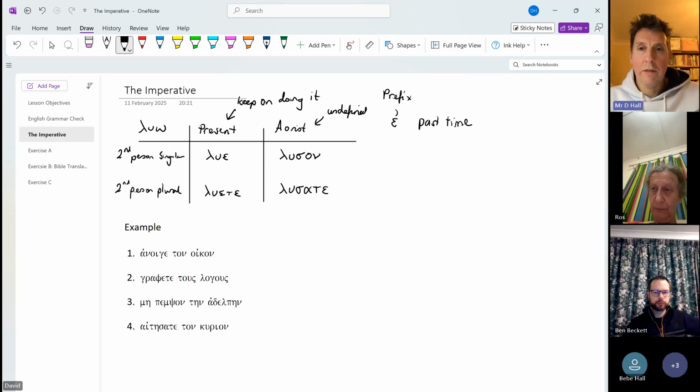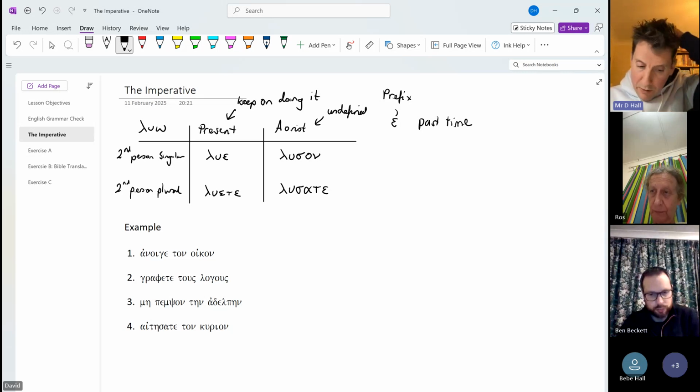So the aorist imperative is just an undefined aspect, which is therefore the default tense. Okay, it's the tense that you would use in the same way that in the past tense you use the aorist as a default tense of just undefined kind of action, but obviously imperative.